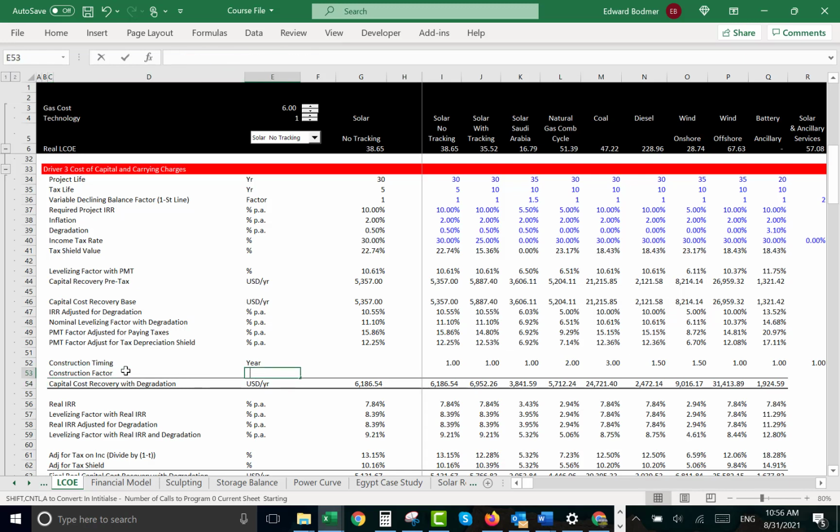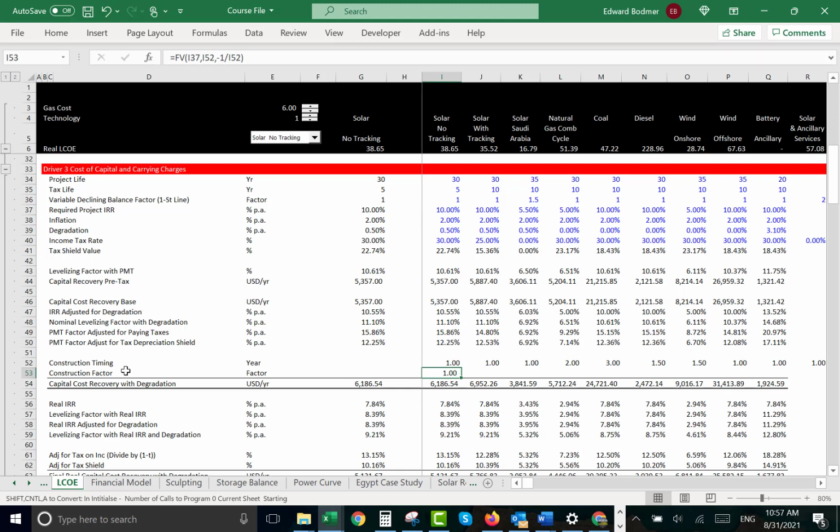And again, for now I'll just do it on the nominal, because in our model we'd really have to start putting a construction period and an operation period and do all our timing and everything else. But if you want to include this in the analysis, here just mechanically what you do, you take your regular old IRR before all these adjustments, and then you put the construction period, and then you put a minus, if we're going to use just a simple straight line S curve, 1 divided by the construction factor.